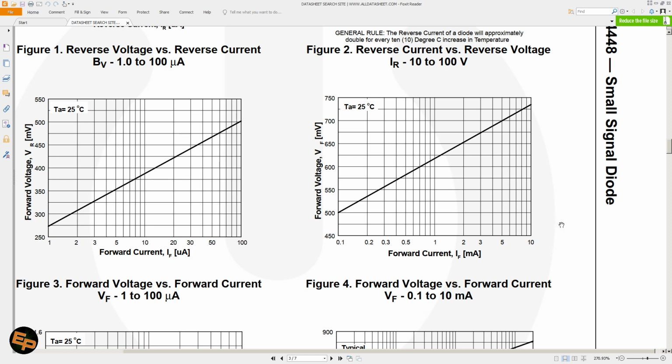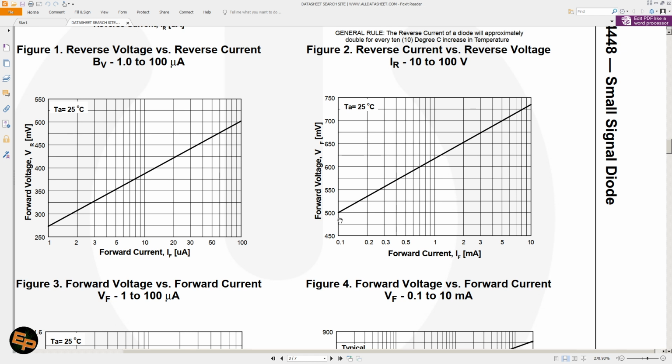Now, if we pay attention to this graph, we will see that the forward voltage axis is linear. However, the forward current axis is logarithmic. So basically, what does this tell us? Well, this tells us that if we inject a current through the diode and we vary this current exponentially, then we will get a linear increase in forward voltage. Or the opposite is true as well.